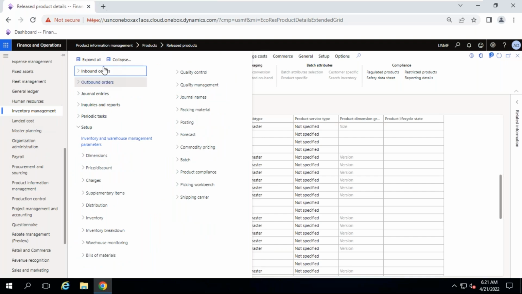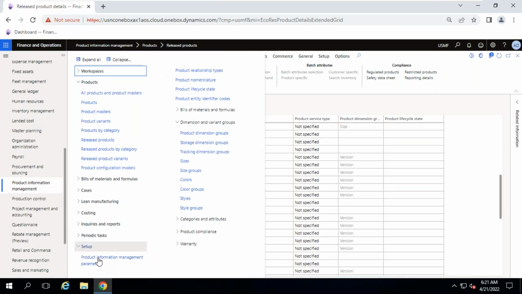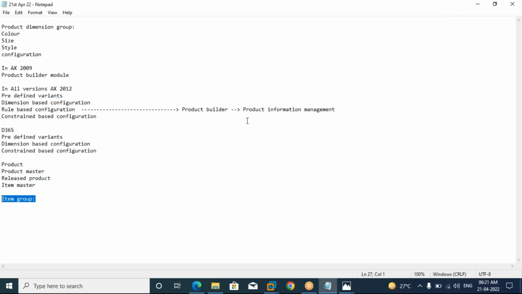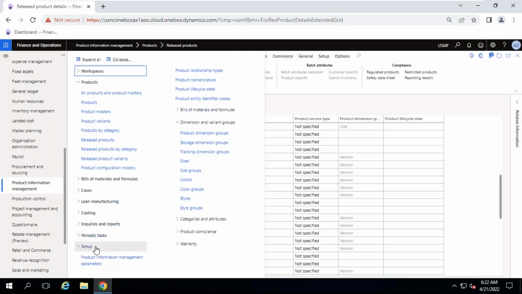Inventory management. First, let me write down the storage dimension group, tracking dimension group, and product dimension group, and where they are available. This is the path: product information management, setup, dimensions and variant groups.